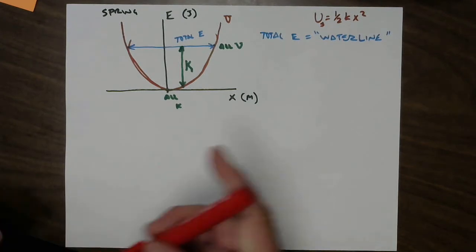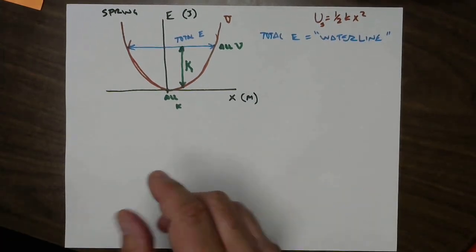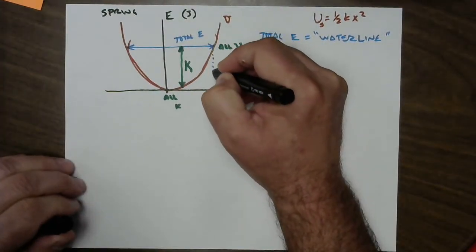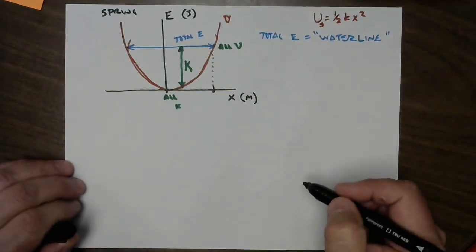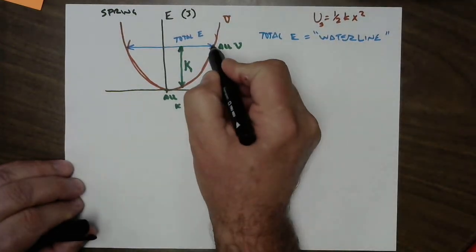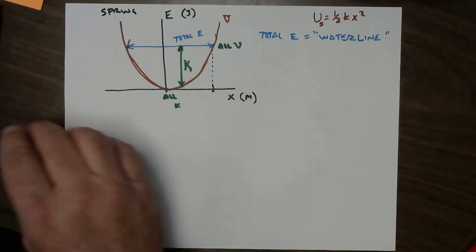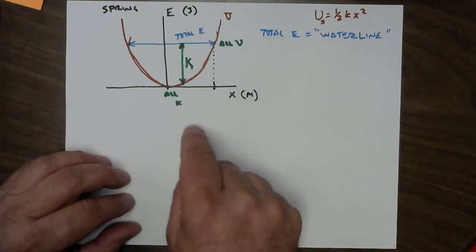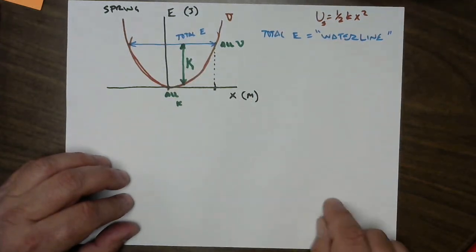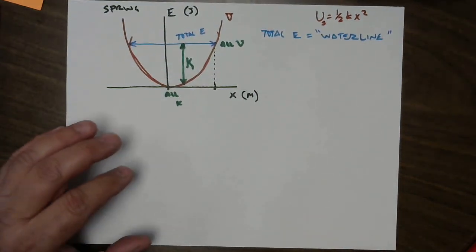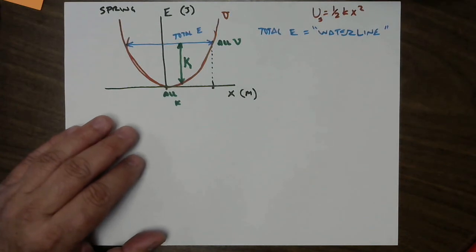If somebody asks you how far does this thing move back and forth, all you have to do is take this point and project it down and say it'll go this far back and forth. At what energy does it turn? Well, at this energy right here. So a lot of things you can get off the diagram. And if you can draw your total energy water line, you can always find the kinetic energy at any point. That is the lesson on reading potential energy curves.